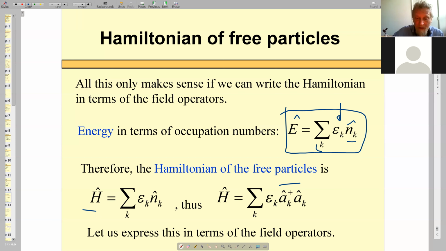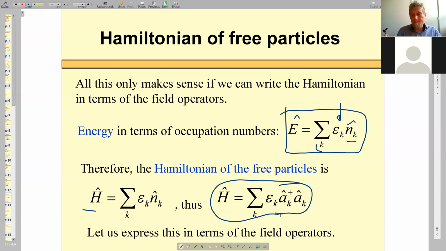Here they are. So we have the Hamiltonian in this form. It looks a bit strange, a sequence of annihilation and creation, but this is to represent occupation numbers.